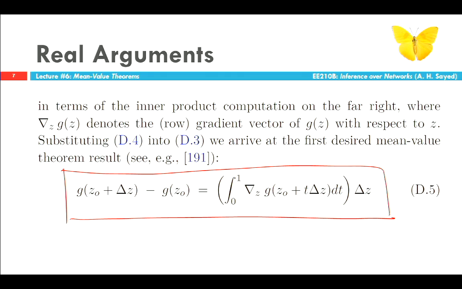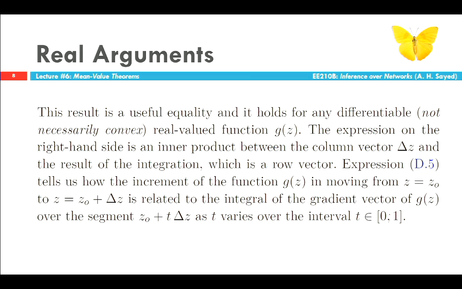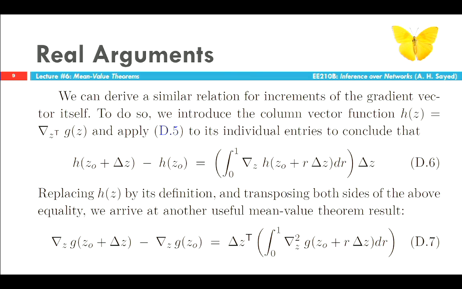Okay, so to do it slowly, here it is. Let's define H to be the gradient. So this is a column vector. Now I apply the mean value theorem to every entry of this column vector, right? Okay. So here it is. Every entry, okay? And then here you will have the gradient of these entries of H, right?